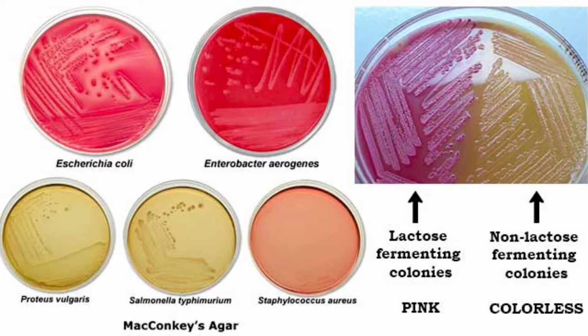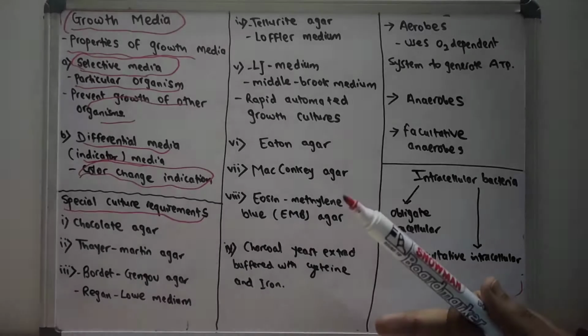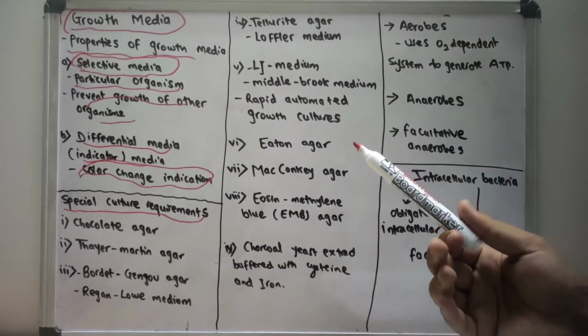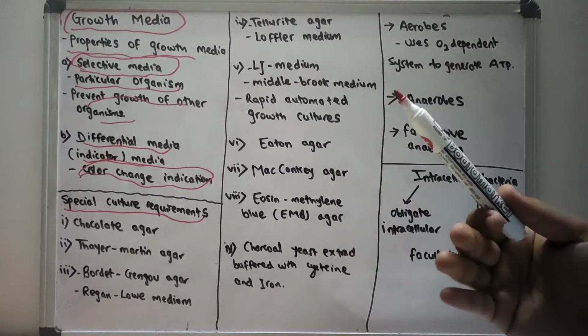The lactose fermenting colonies of bacteria will turn the color of the MacConkey agar pink, whereas the non-lactose fermenting colonies will be colorless.